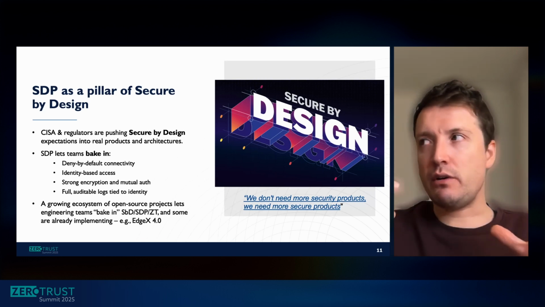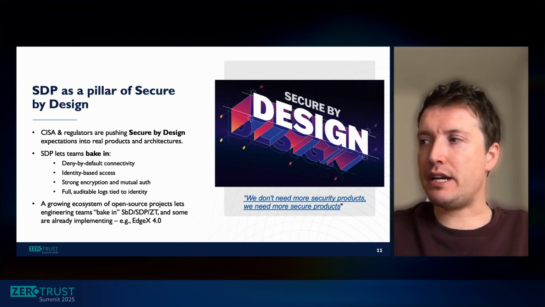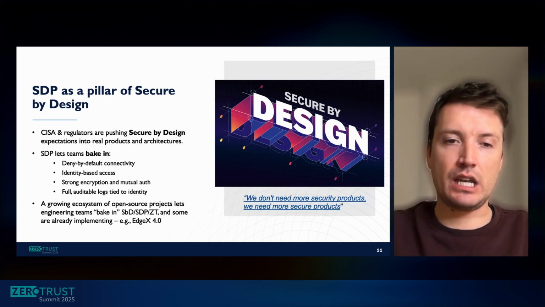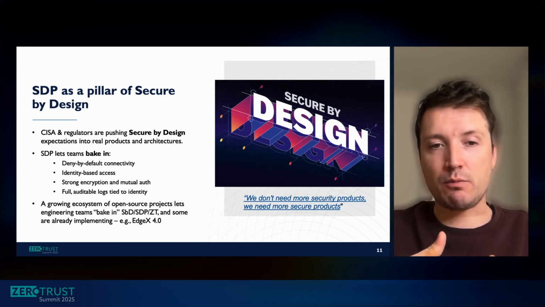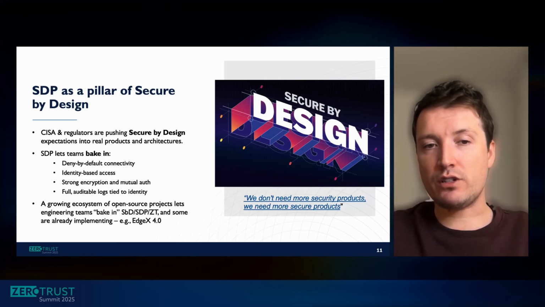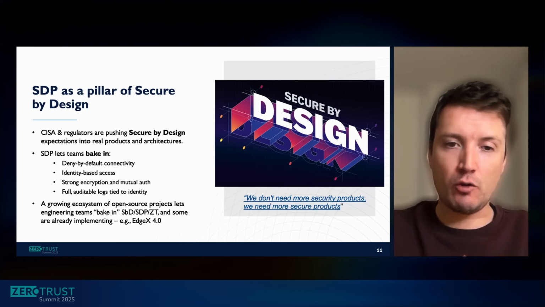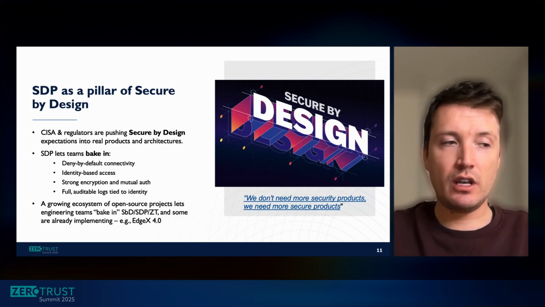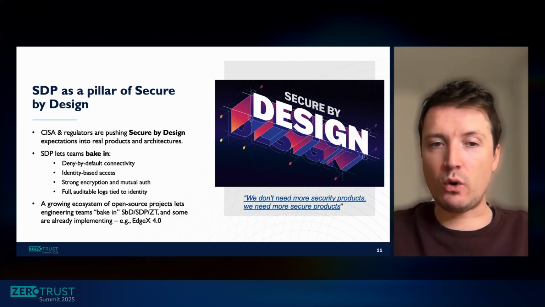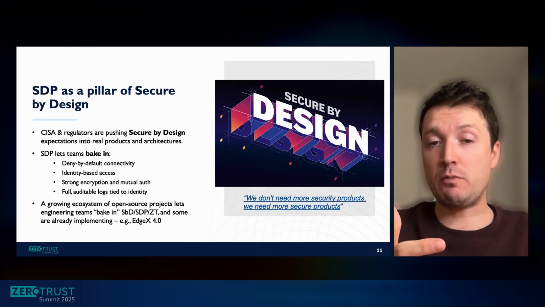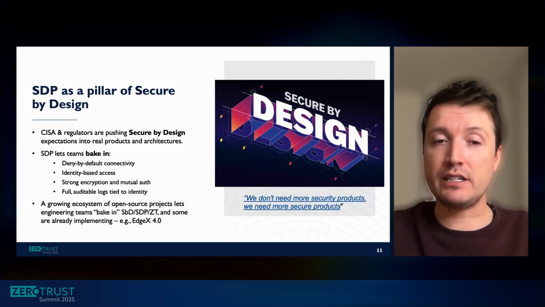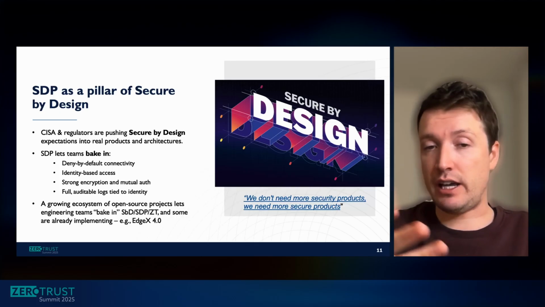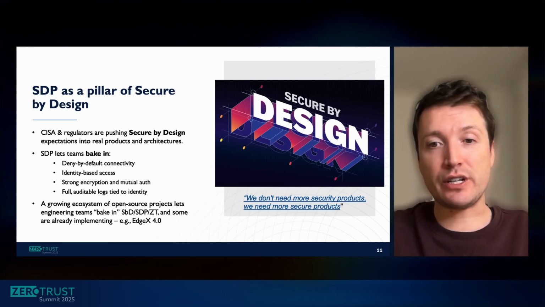And there's also a wider and growing ecosystem implementing these types of principles, making it easier for us to build secure by design, software-defined perimeters, and zero trust principles into our applications. A whole bunch of that is open source, and some open source projects have already started incorporating those capabilities into their architecture. EdgeX 4.0 is a good example of that.